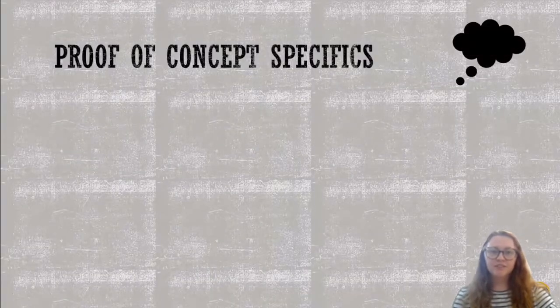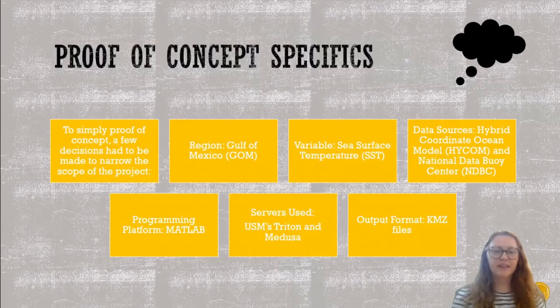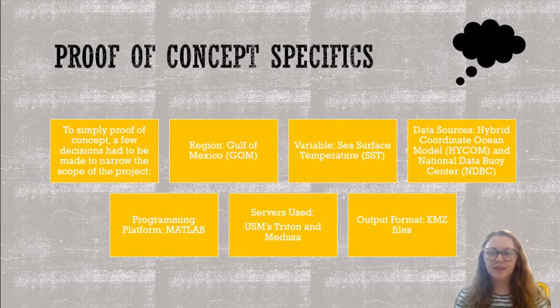So just to give some proof of concept specifics, I did have to narrow the scope of this project before I embarked on this journey so that it would be doable within the time frame that I've been given. The region that I'm looking at is the Gulf of Mexico. This is where a lot of research occurs in the School of Ocean Science and Engineering at USM, and so it's very important to us.